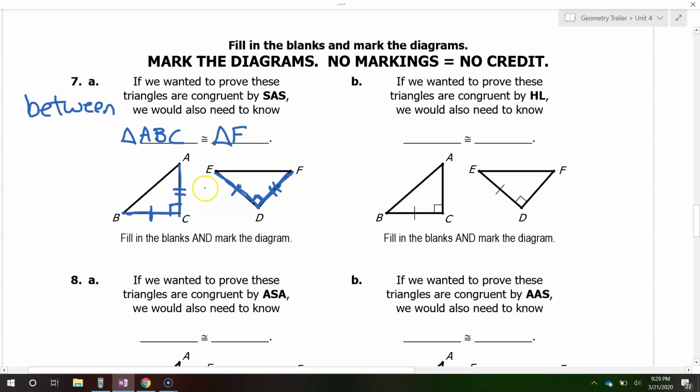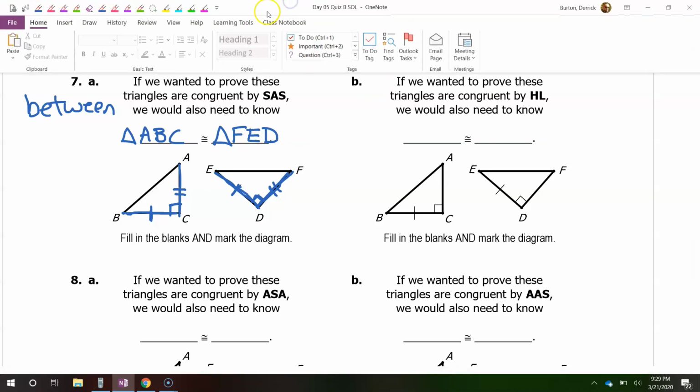What else? Angle B is over here connected to the single side, like angle E is connected to the single side. And that leaves angle C, which of course matches angle D. Those are both right angles. All right, let's move on to part B.